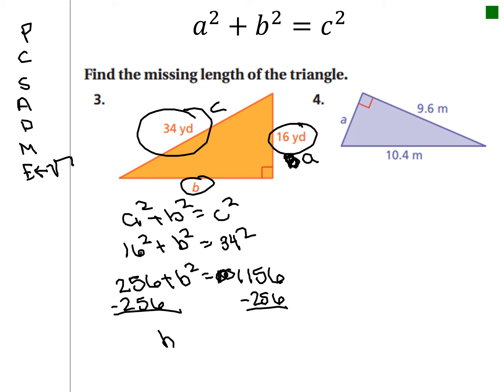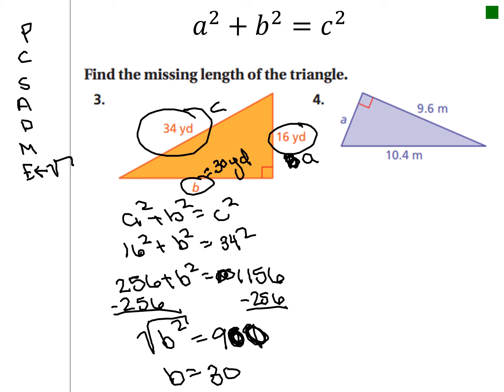And now we'll have B squared equals 1,156 minus 256 is 900. Now I'm going into undoing exponents. How do I undo the exponent of 2? With the square root. So B equals the square root of 900, which is 30. So this missing leg is 30 yards.